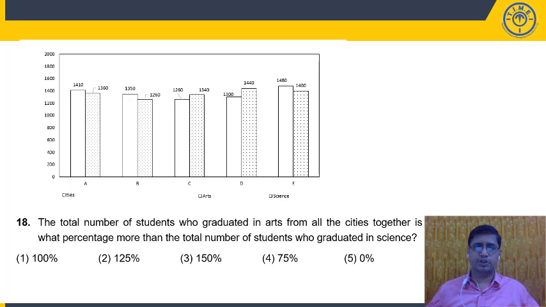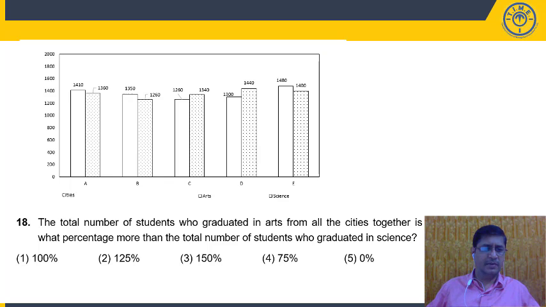Now look at the next question on your screen. The total number of students who graduated in arts from all the cities together is what percentage more than the total number of students who graduated in science? Total number. What is the total number?